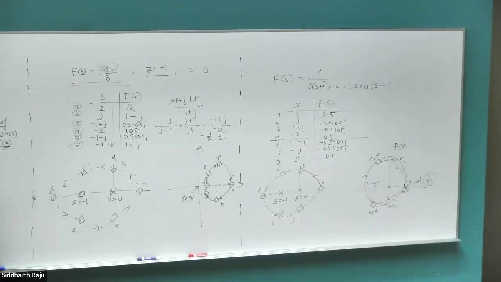So the idea is f of s, let's say, has some Z zeros and some P poles.